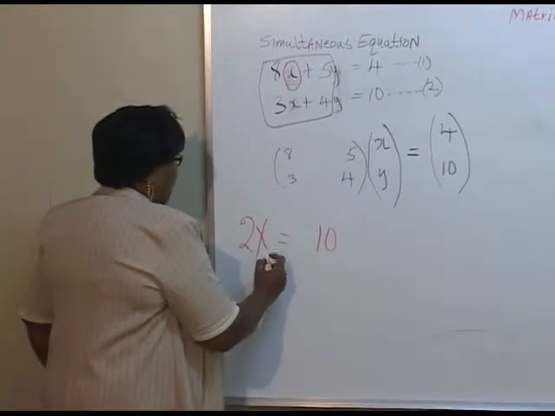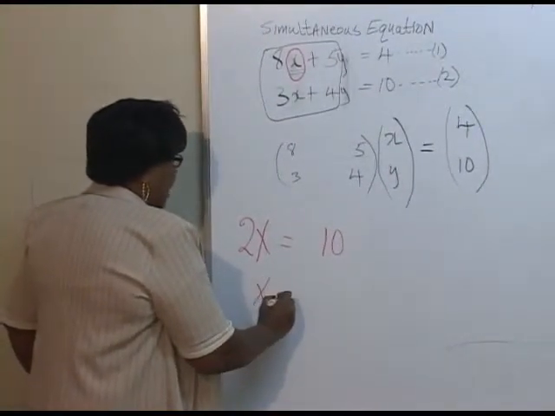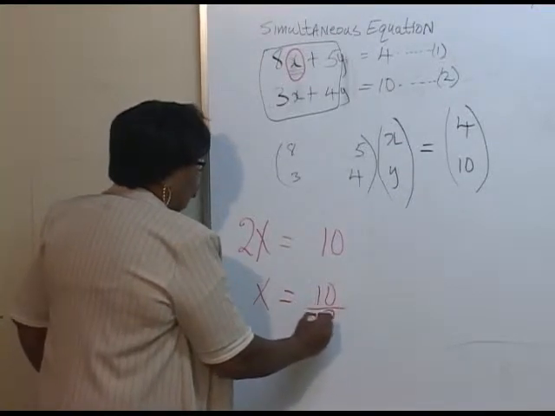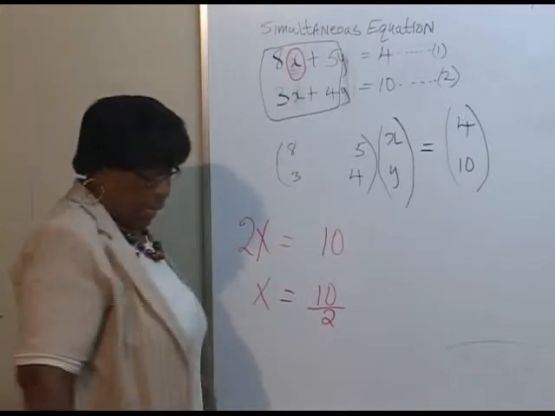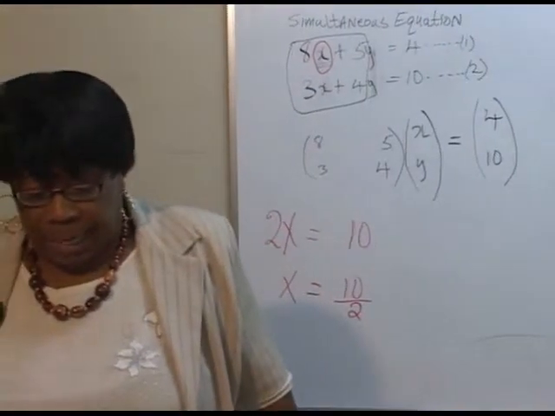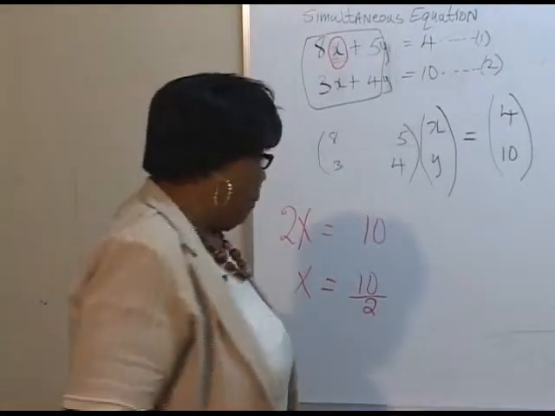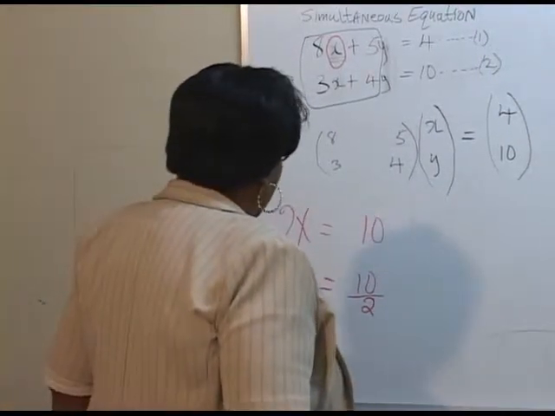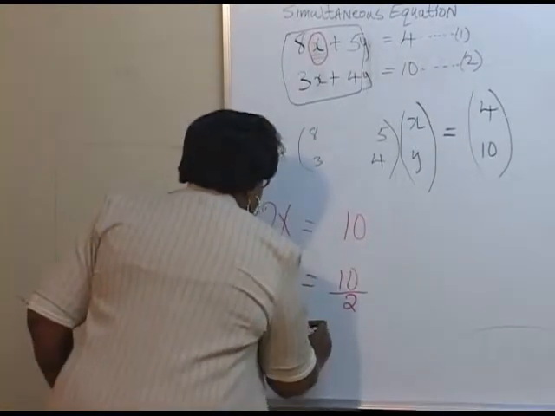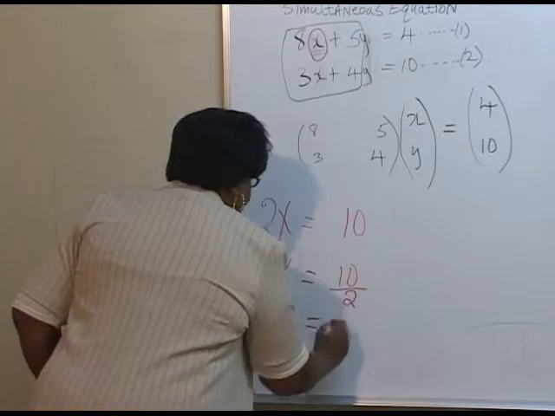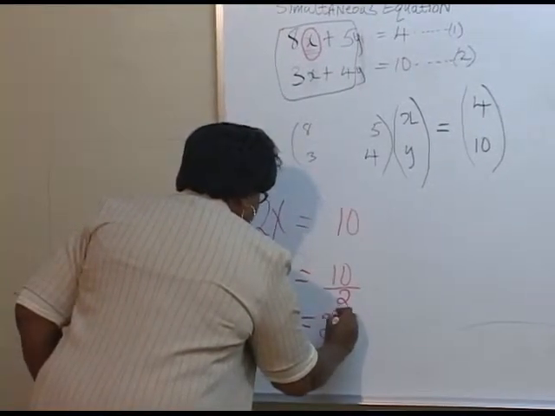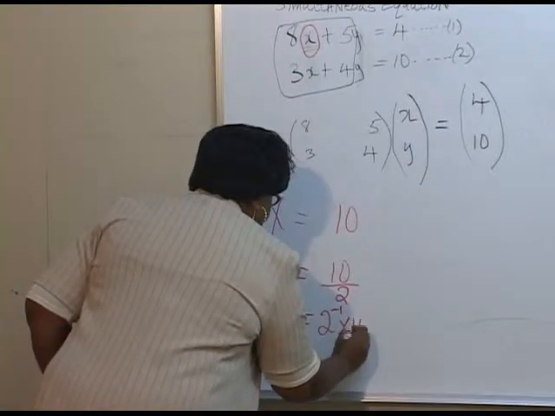So we would end up saying x is equal to 10 divided by 2. Okay, so far so good. I want to tell you that in terms of matrices, they would not be saying divided by 2. They would want to find the inverse of 2. So they're going to write it as 2 to the negative 1 times 10.